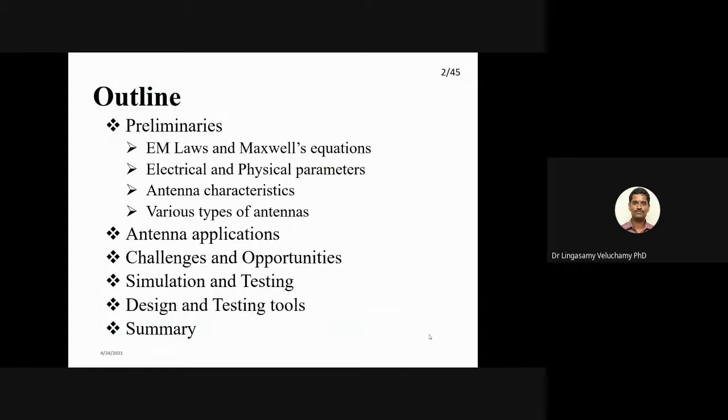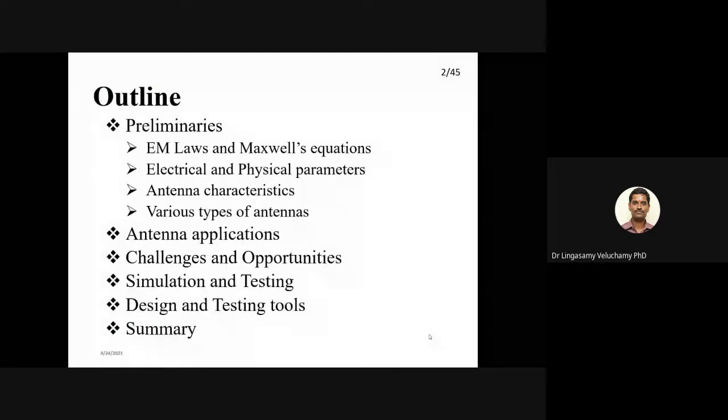Then some challenges and opportunities: what challenges we face while designing antennas, which give us opportunities to pursue more research, followed by simulation and testing. How simulation and testing are going on in the present scenario, and some of the testing tools and design tools.